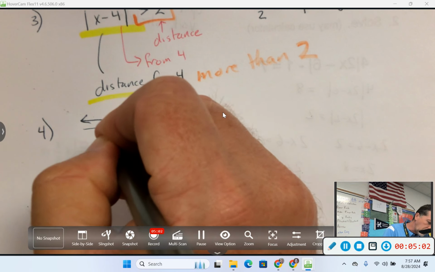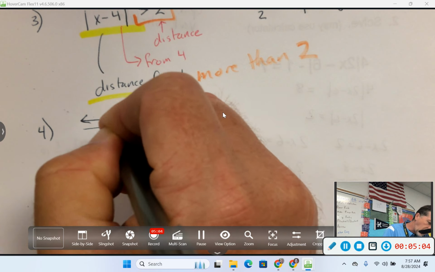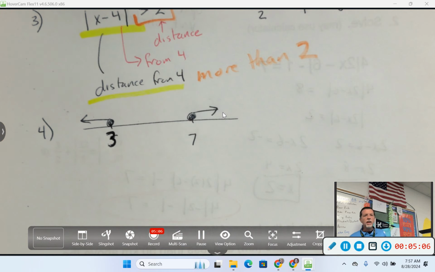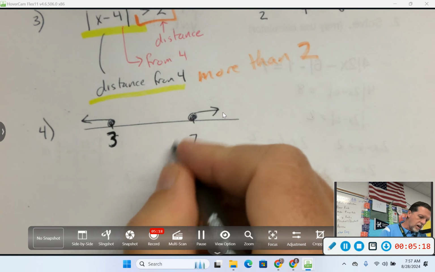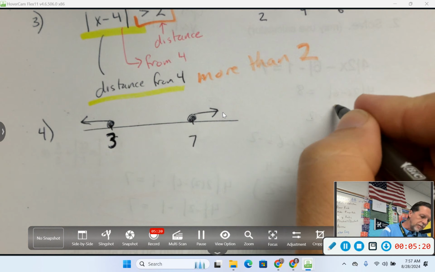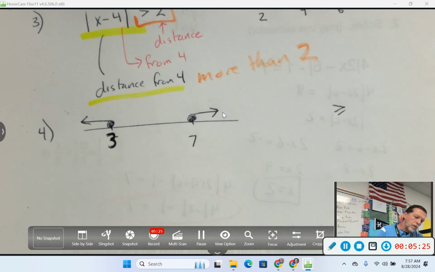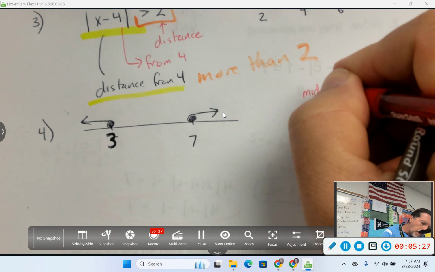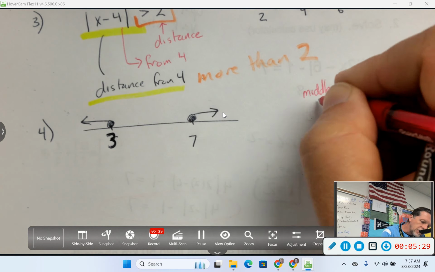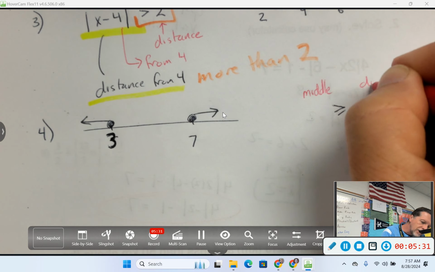That's supposed to be a 3, by the way. So the first question is, is this a less than or a greater than problem? Greater than, because it's going to the outsides, and with an equal to sign on there. The middle goes there, and the distance goes over here.